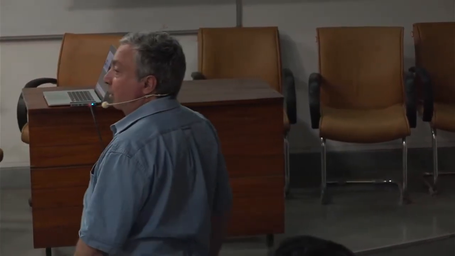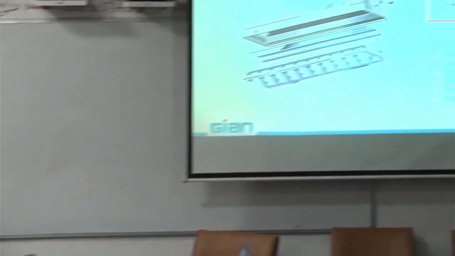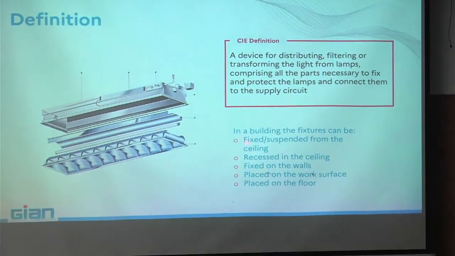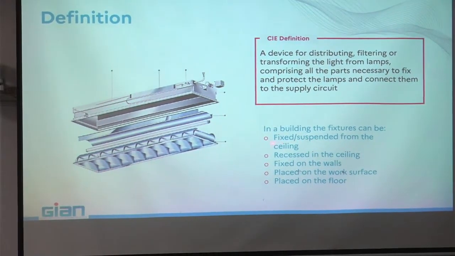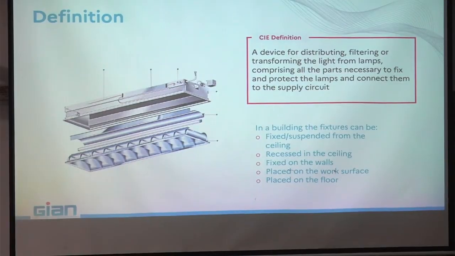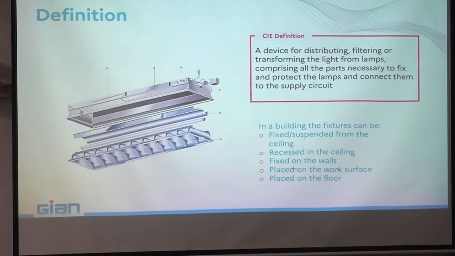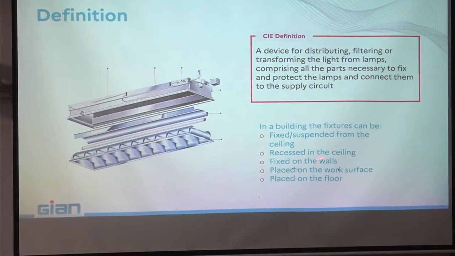We speak here only about indoor lighting. For outdoor lighting, the specifications are sometimes different. And in a building, we can find different kinds of fixtures. We can find suspended or fixed fixtures in the ceiling. They are just fixed there, or from a distance from the ceiling. Can be recessed in the ceiling. This is the case here.